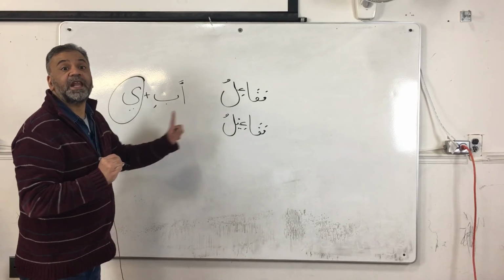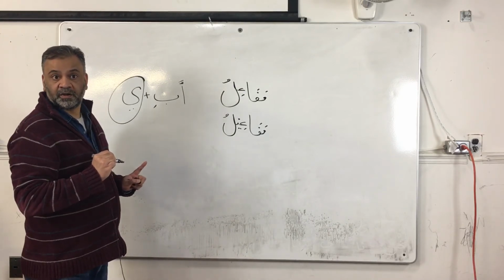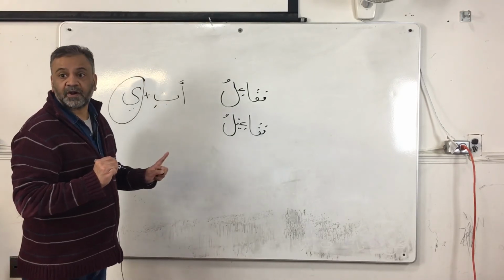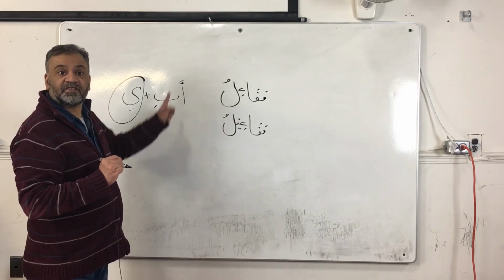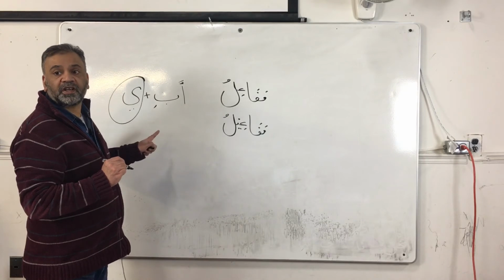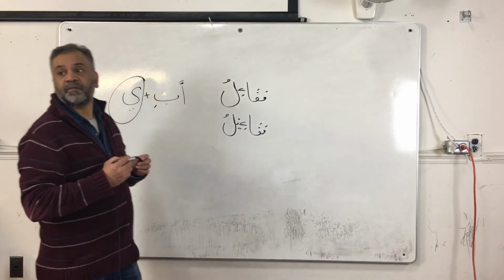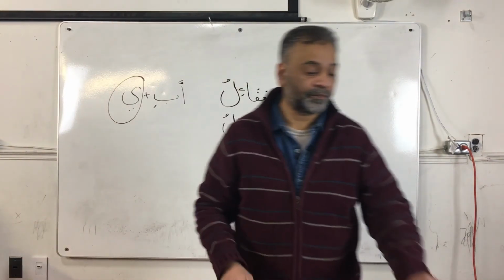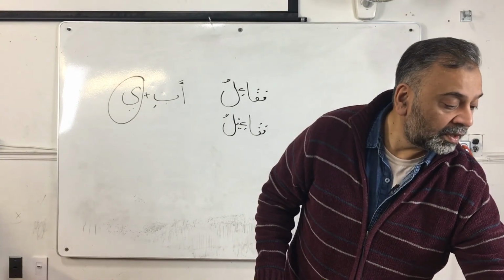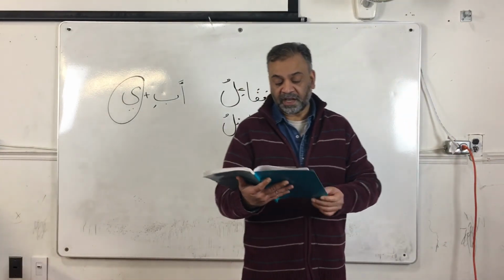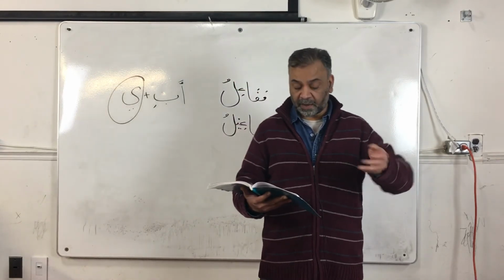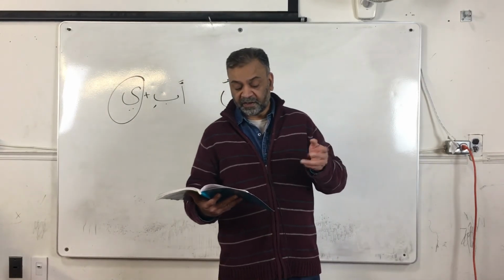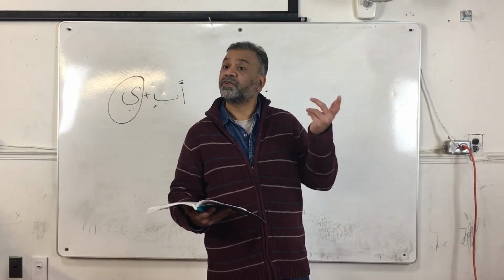But this is a spelling rule. It has nothing to do with grammar. In reality, Abi is Abu. We are putting the kasra because of the spelling. Zahaba Abi, my father went ila Makkata to Makkah. Wa Zahaba Ammi, and my uncle went ila Juddata to Jeddah.